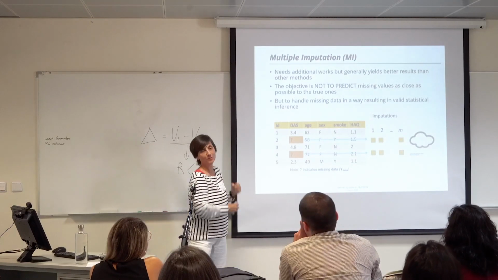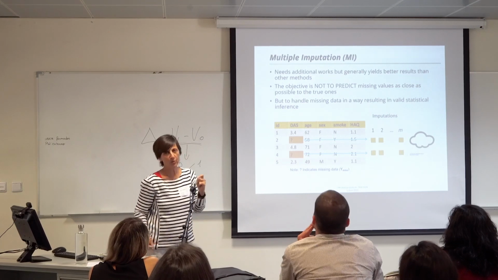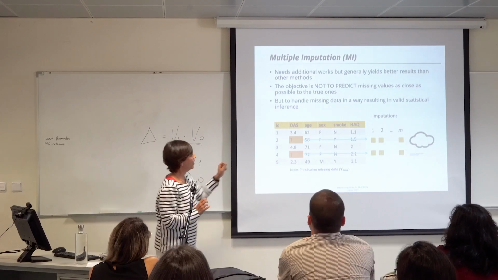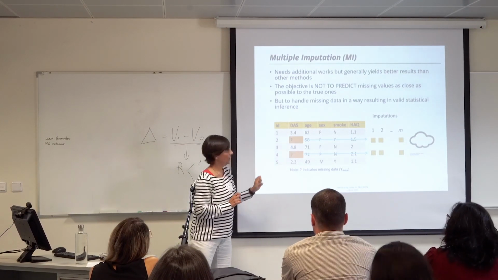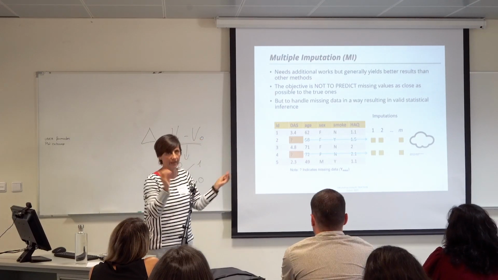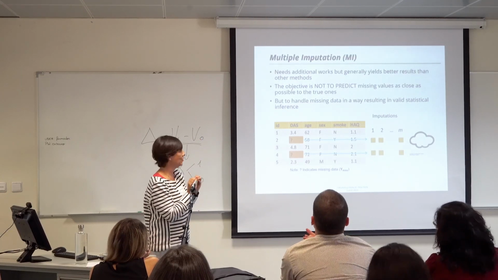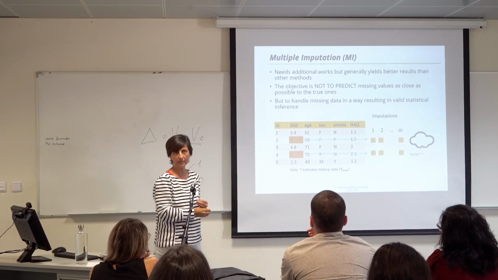But I know multiple imputation, and I like this very much. Multiple imputation means that you are not going to get one value in there, you're going to get a cloud, okay? And this cloud of values, you will never actually see them. You are just going to repeat the same analysis with different values from that cloud.